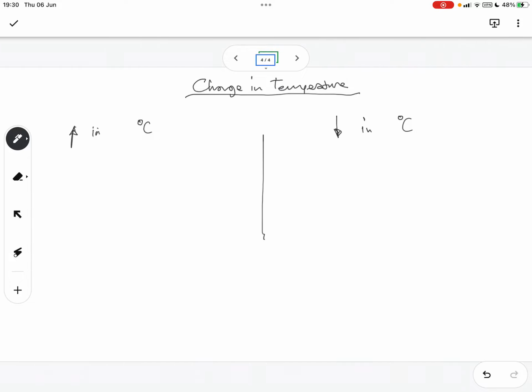So we're going to look at those two and then apply Le Chatelier's principle to both. So when we have an increase in temperature, in other words, the reaction system is heated up, right? So there's external heating, and if we decrease the temperature, that means we are cooling the system down.